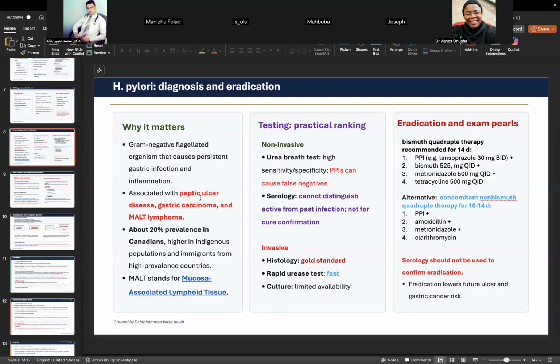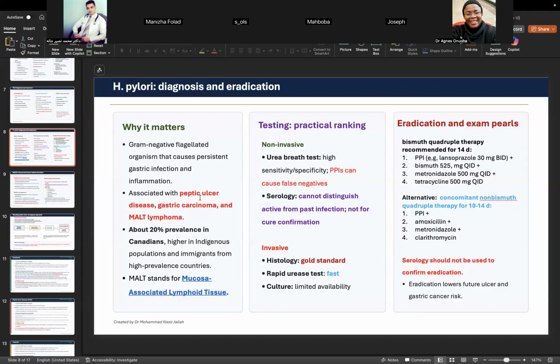It is a gram-negative flagellated organism that causes persistent gastric infection and inflammation, associated with peptic ulcer disease, gastric carcinoma, and mucosa-associated lymphoid tissue lymphoma. 20%, as I mentioned. And testing, practical ranking: non-invasive, and then we have invasive.